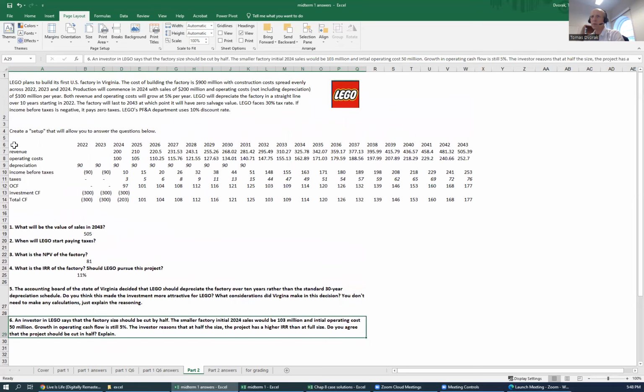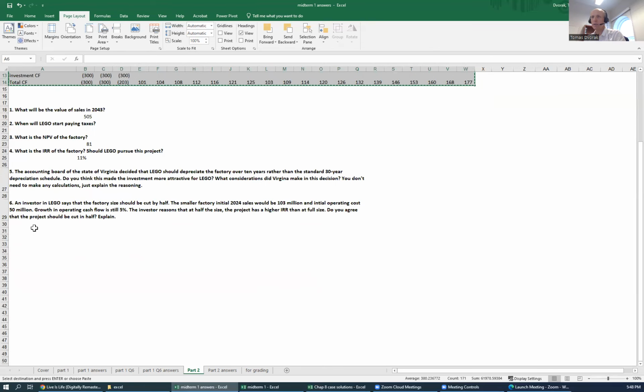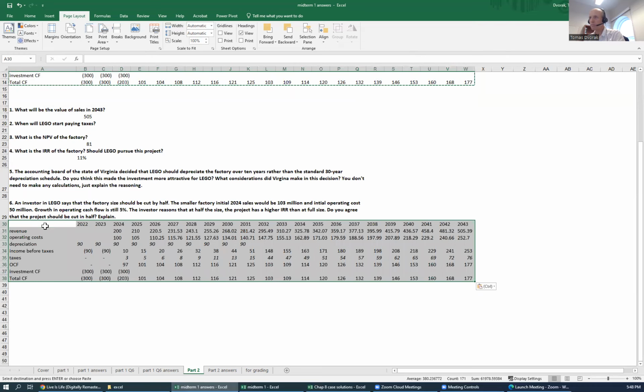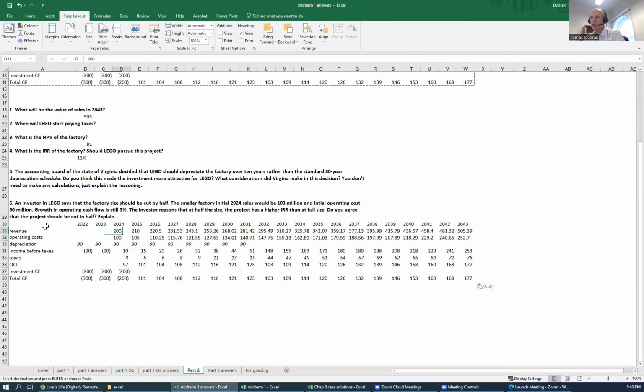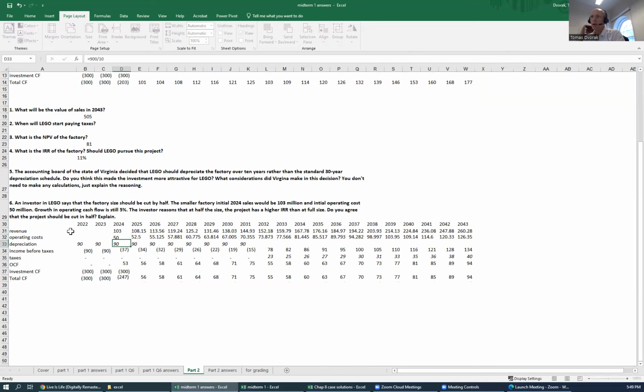Is it better to cut the factory in half, make it smaller? I'm just going to Control C and copy this down below here. We can easily change the parameters. So this will be 103 and this will be 50.